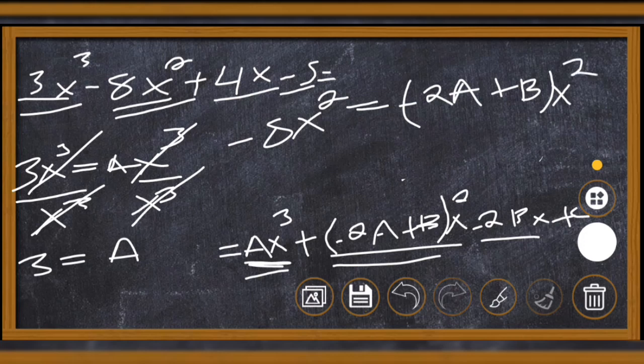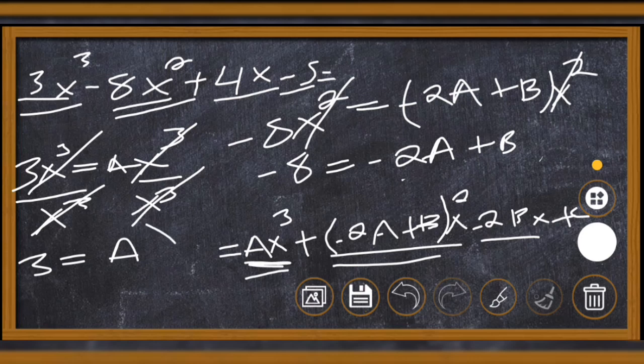Since x squared is common to both sides, we can cancel it out and remain with negative 8 equals negative 2a plus b. But remember, we have already found the value of a. So where there is a, we are going to replace it. Okay? So let's do that.